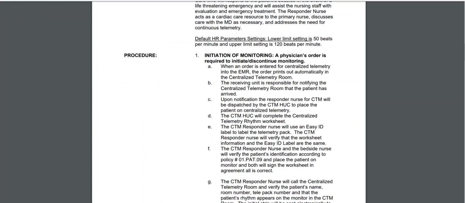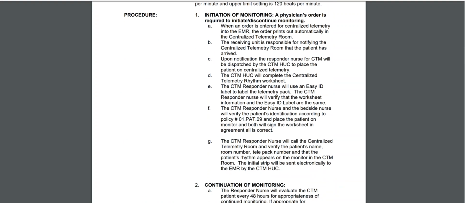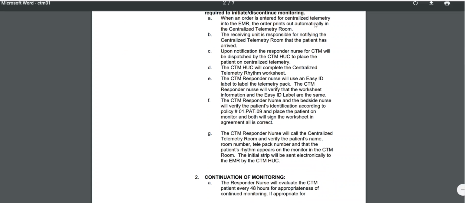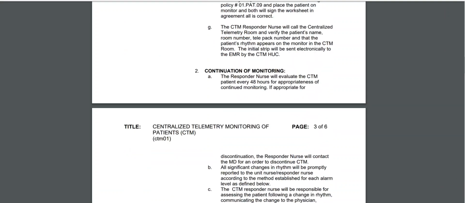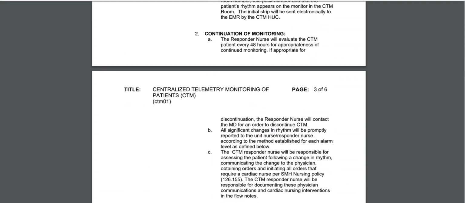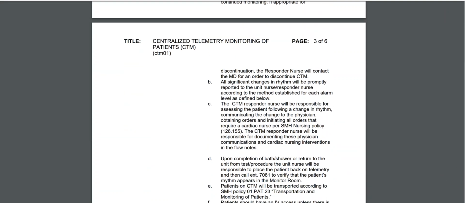Essentially what the telemetry nurse will do is set the alarms when the client is admitted to alert them should they be experiencing a problem that requires intervention or medication.